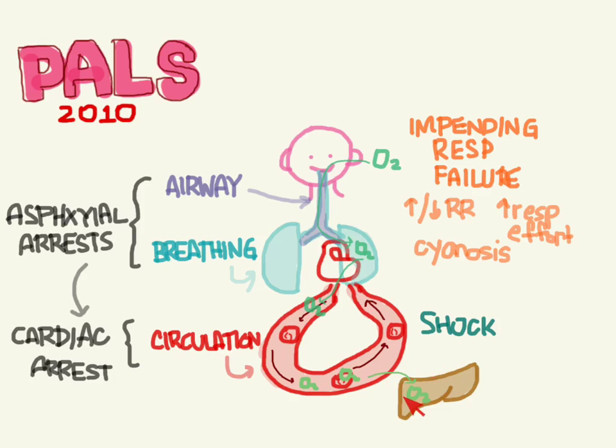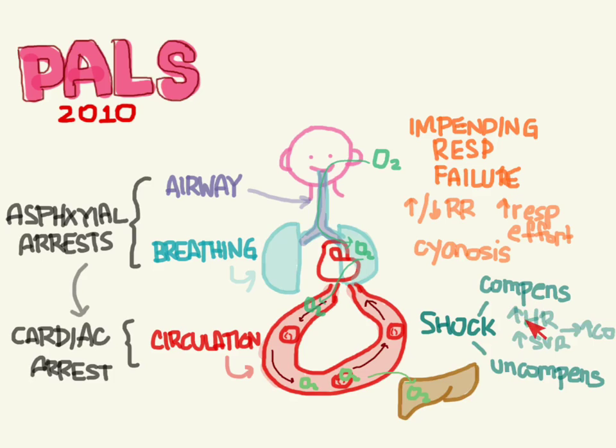So the tissues, when they're not getting enough oxygen, the body can compensate in a couple of ways. Namely, by increasing the heart rate or increasing the systemic vascular resistance, the result of which is going to increase the cardiac output.